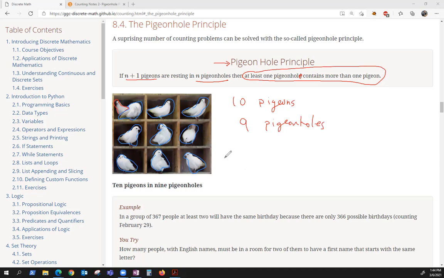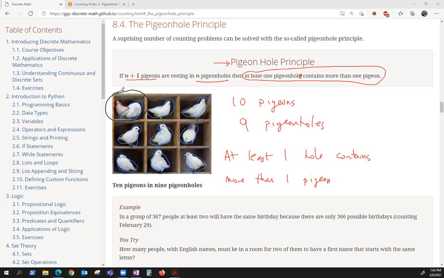Well, the pigeonhole principle says at least one hole contains more than one pigeon. And in this case, this first hole contains 2 pigeons. That's the only way you can shove 10 pigeons into 9 pigeonholes, is that at least one of them contains more than one pigeon.